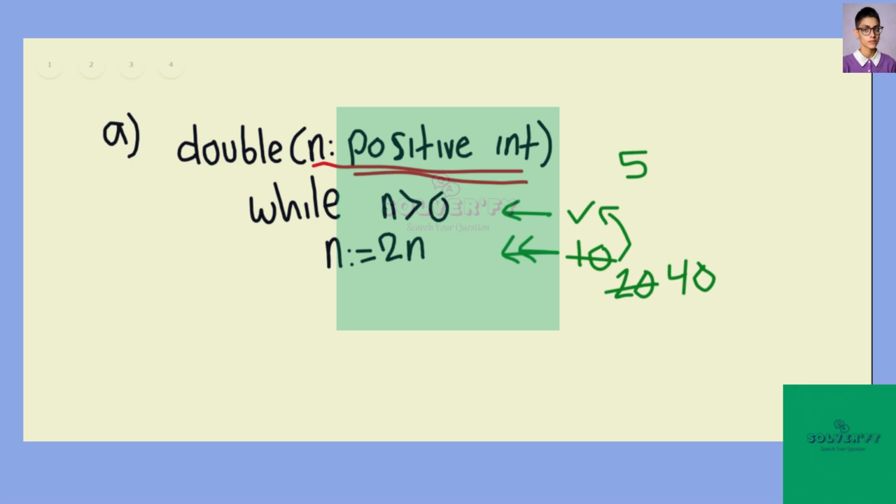Because ideally you would just double your integer and then be done, right? So you might just say cross this off, say n is equal to 2n, and then return n would give you a more correct solution to a doubling algorithm.